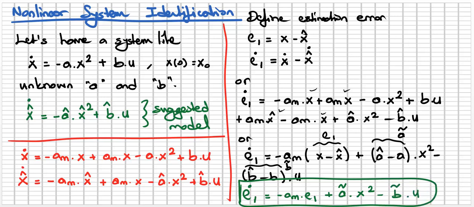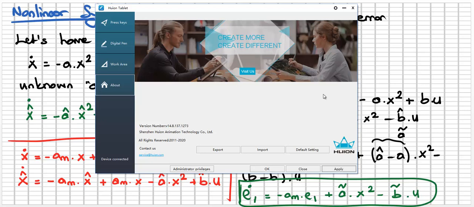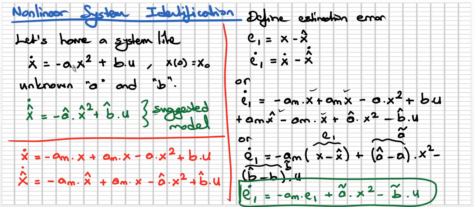Hello guys, in the previous lesson we created the model of the nonlinear system identification equation in this form: x dot equals minus a times x squared plus b times u, with a specific initial condition.